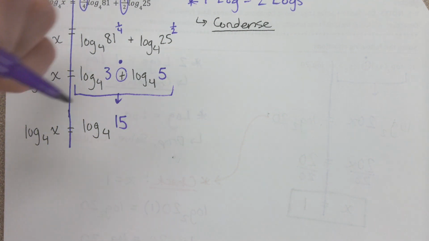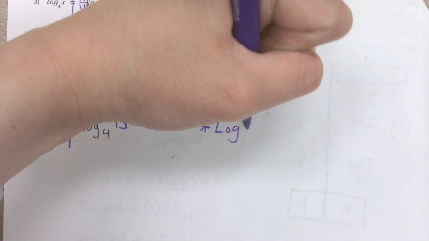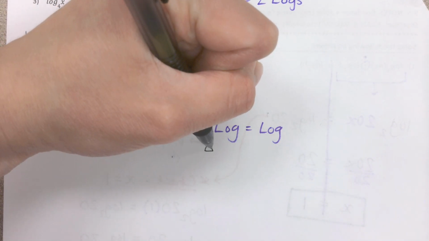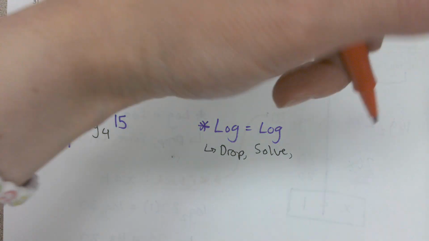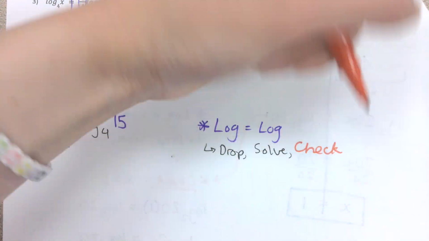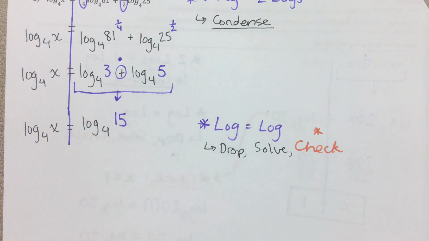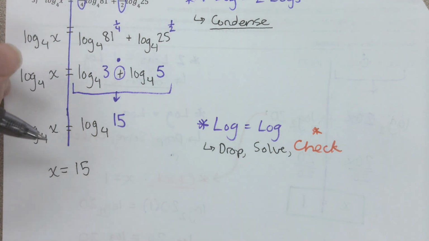Finally, we are at log equals log. Meaning we follow the steps: drop, solve, check. And when we drop, the logs disappear and we just have x equals 15.